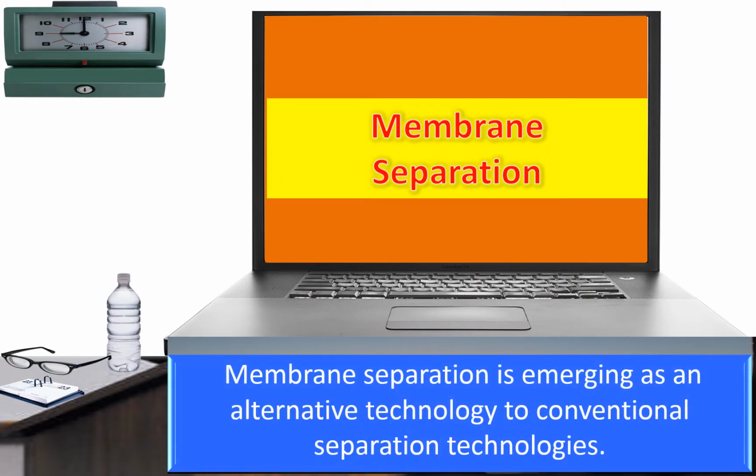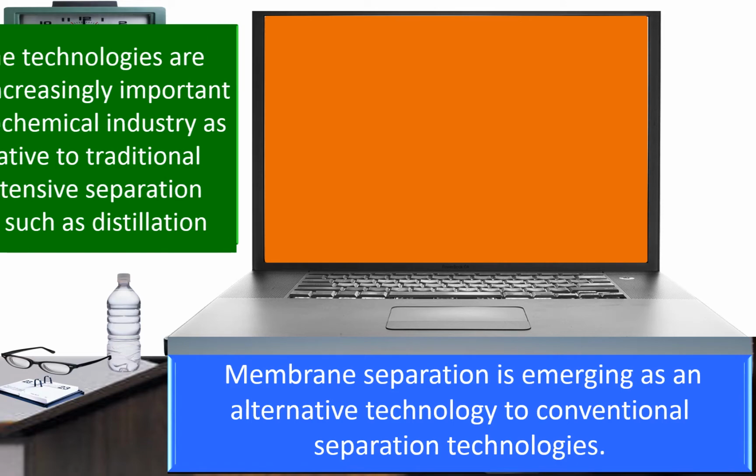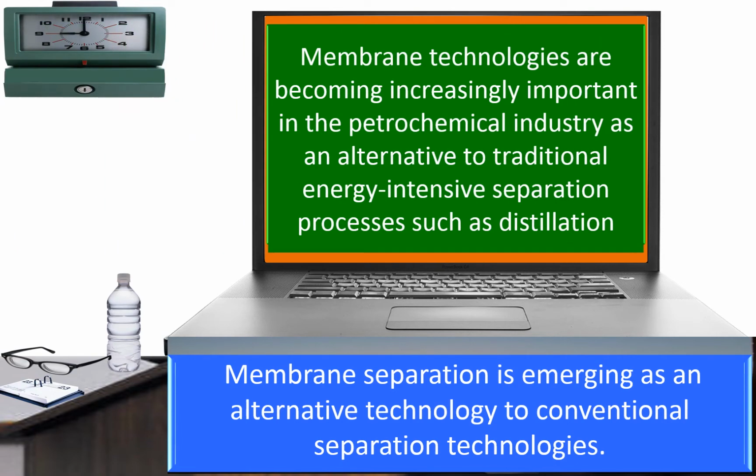Membrane separation is emerging as an alternative technology to conventional separation technologies. Membrane technologies are becoming increasingly important in the petrochemical industry as an alternative to traditional energy-intensive separation processes such as distillation.